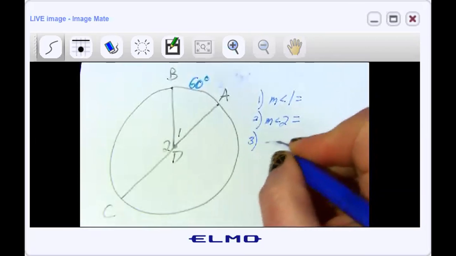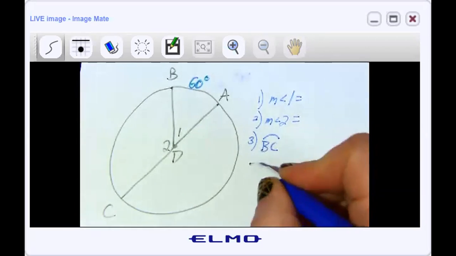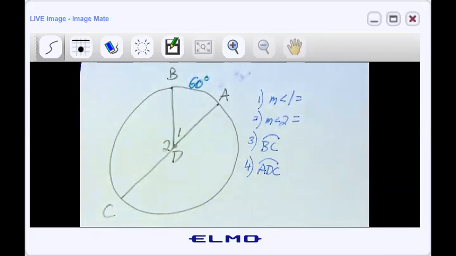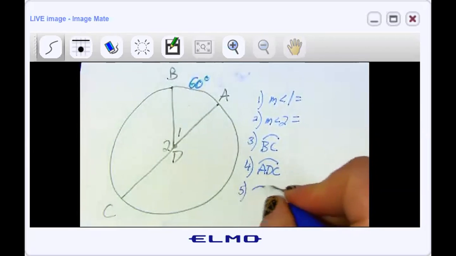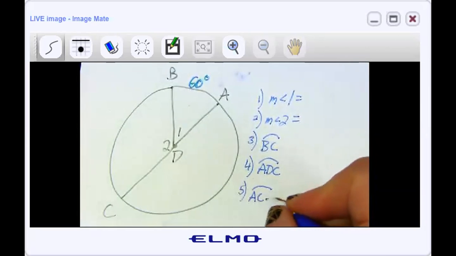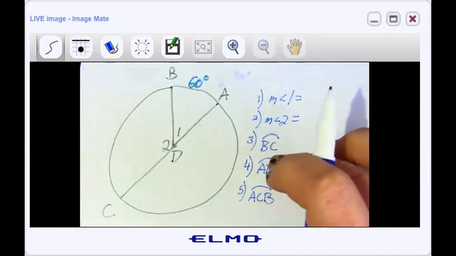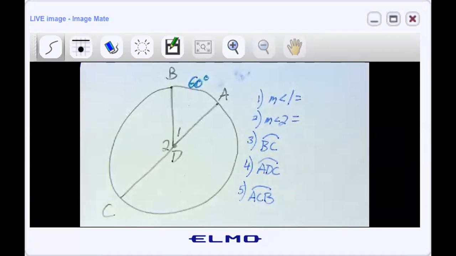Find the measure of arc BC. Find the measure of arc ADC. And let's go one step further. Find the measure of arc ACB. Oh wait, I meant angle right here on number 4. Sorry.